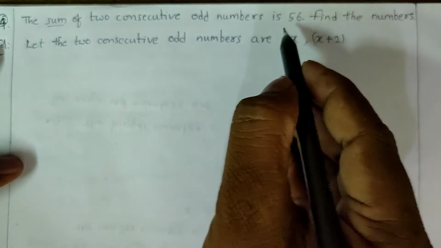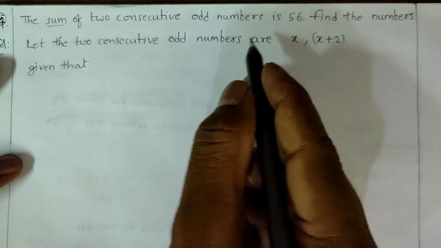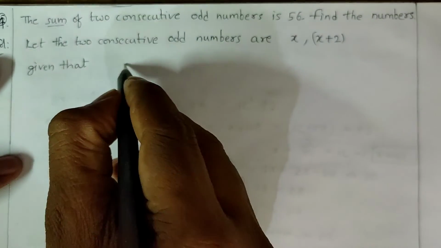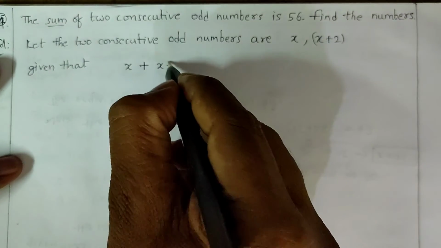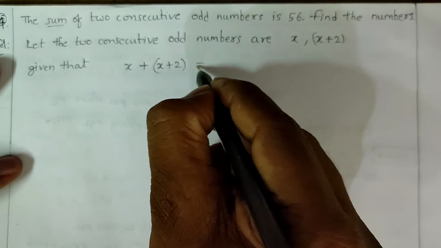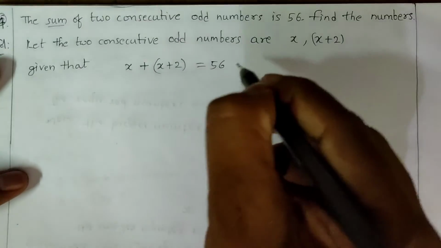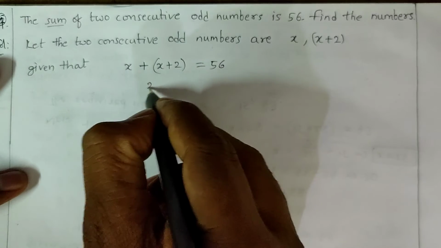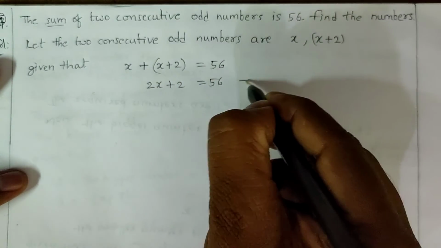So it is given that the sum is equal to 56. So given that the sum, what is sum in the sense? You need to add them. So x plus x plus 2 equals 56. Write 56 here. So now x plus x will become 2x plus 2 equals 56.